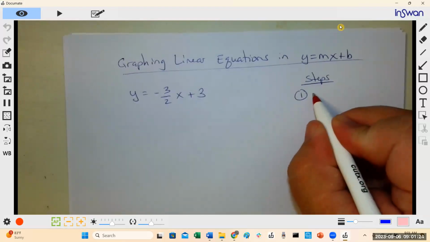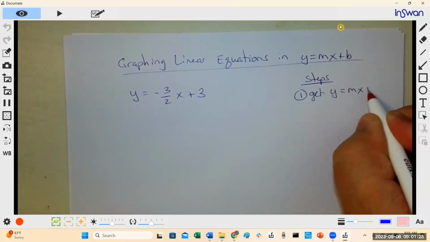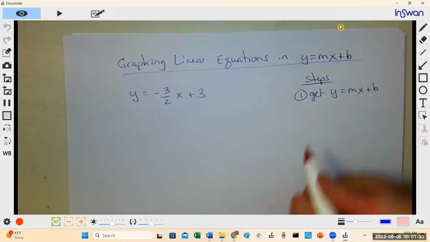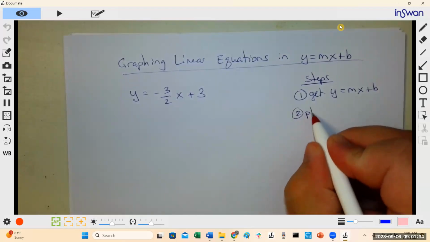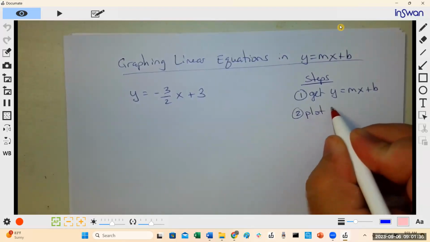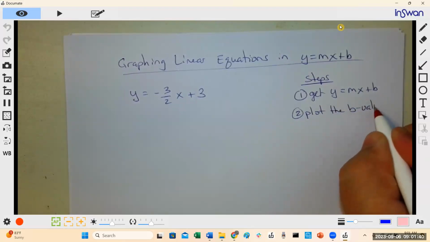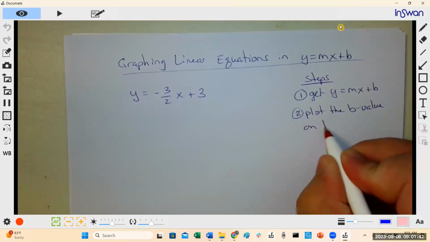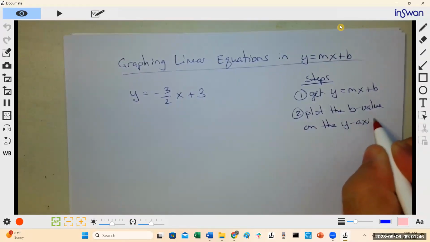Make sure you get y equals mx plus b. It has to be in that form. Plot the b value on the y-axis.